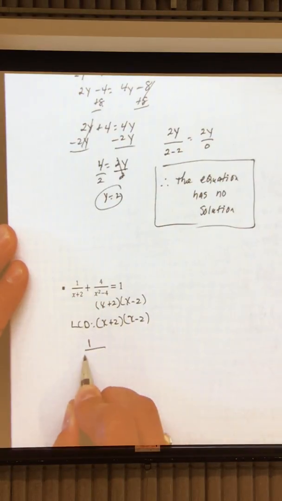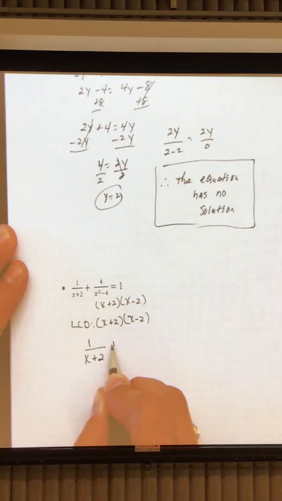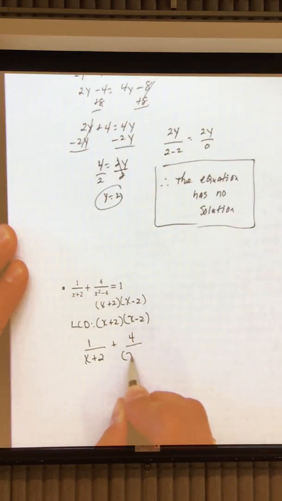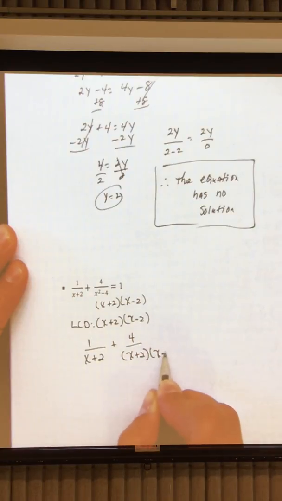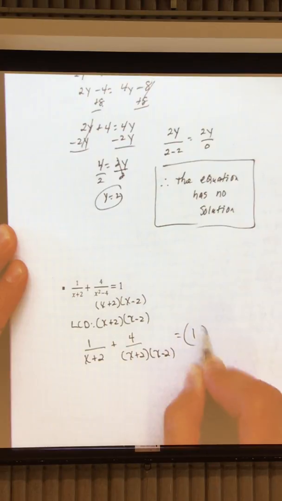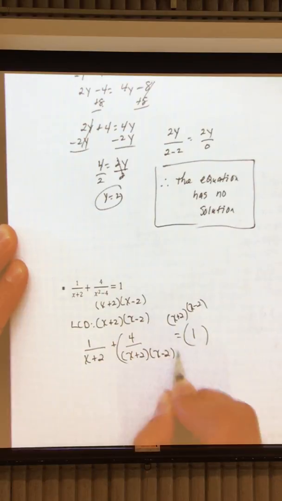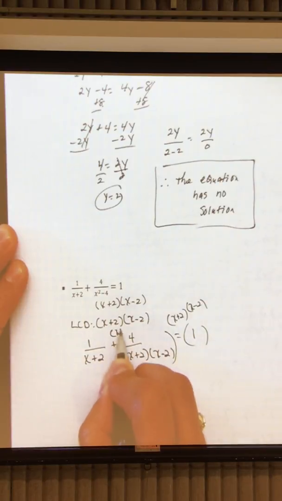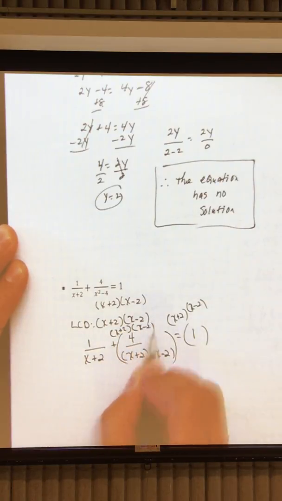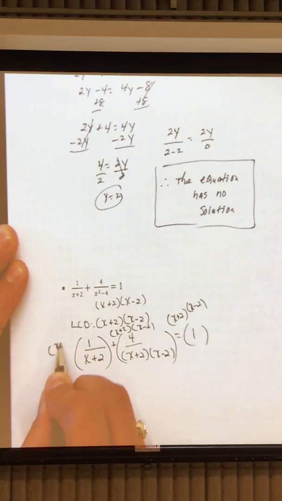So we have 1 over x plus 2 plus 4 over x plus 2 times x minus 2 equals 1. So we multiply all terms by this least common denominator, x plus 2 times x minus 2.